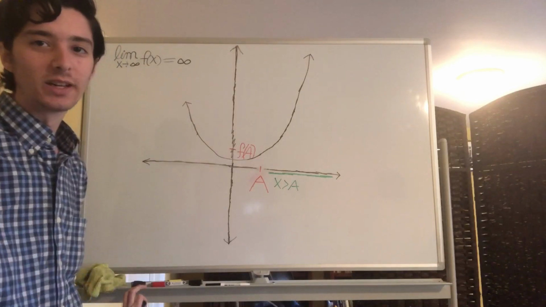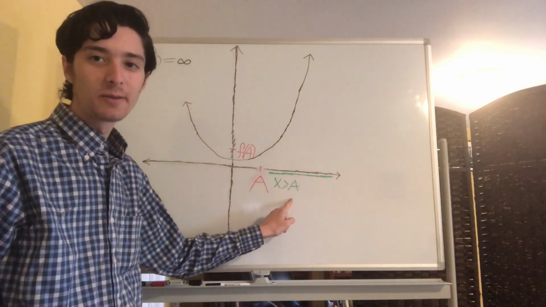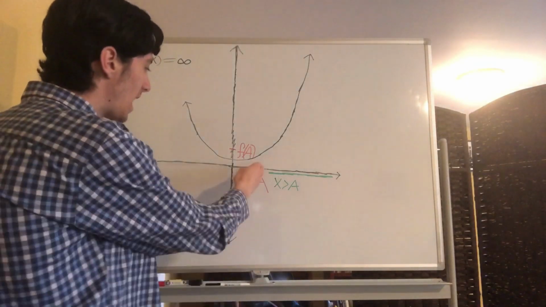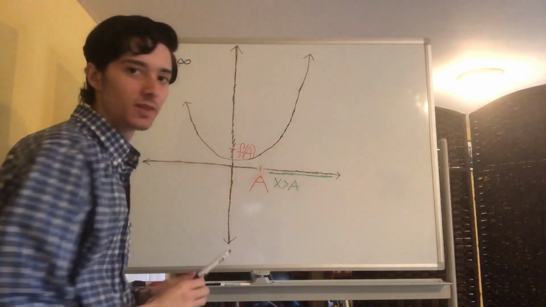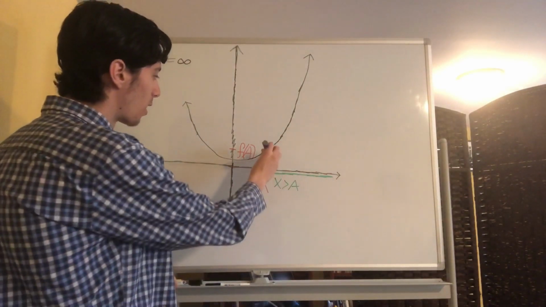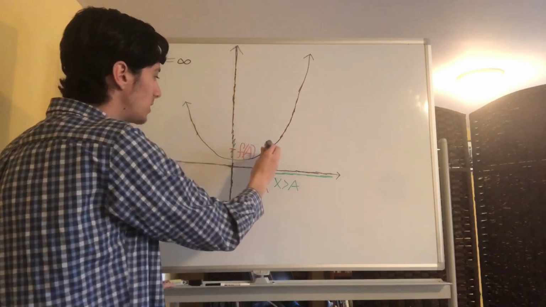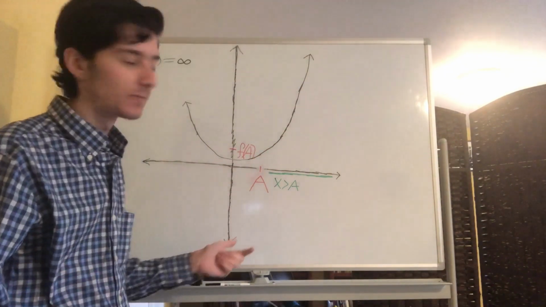In green, I've highlighted x being greater than a. Then what is f of x? Well, f of x are these values up here. And we see that they're always going to be greater than f of a.